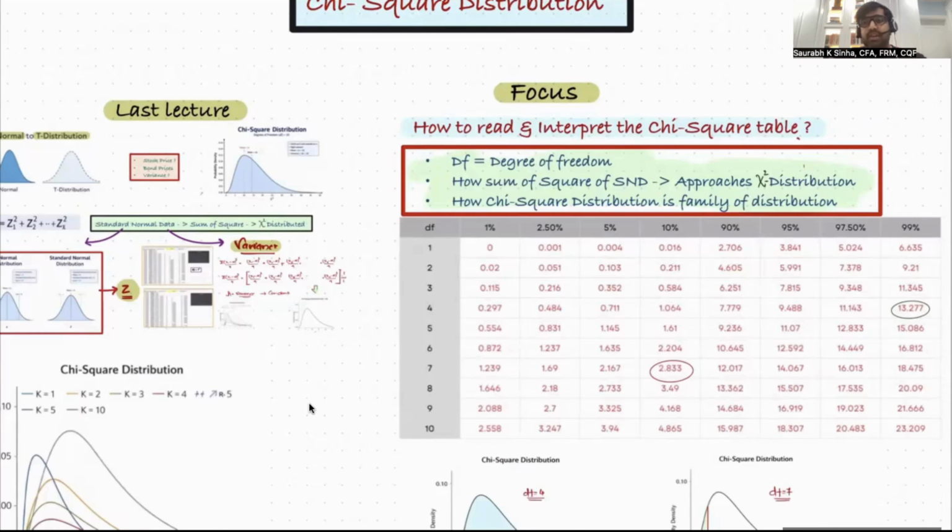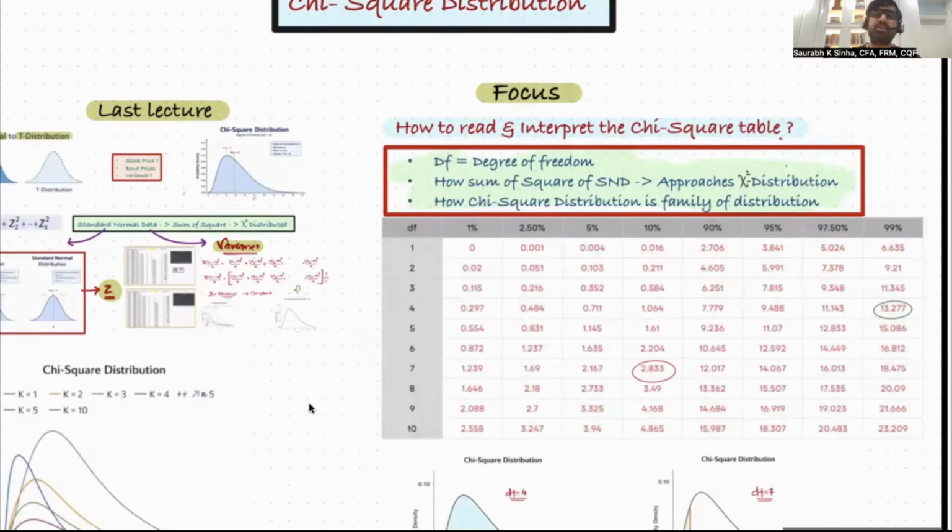Till now, we haven't studied hypothesis testing. When we enter into hypothesis testing, you will understand how to use chi-square statistics and how to read the chi-square distribution table properly. Currently, I just built an intuition for how to read the chi-square table and what the different components of the chi-square table are.